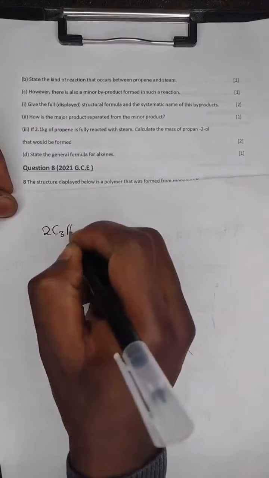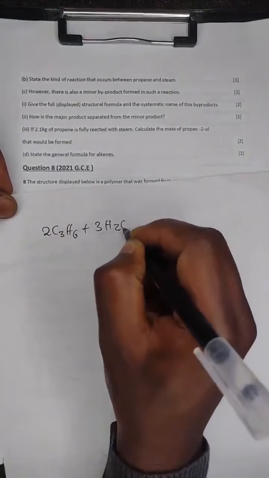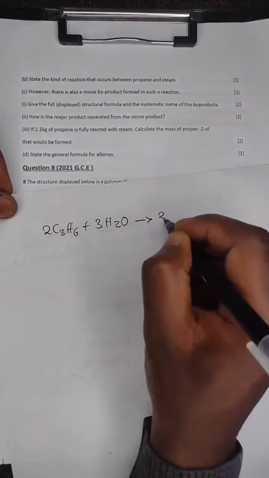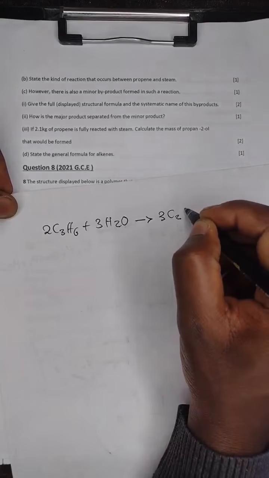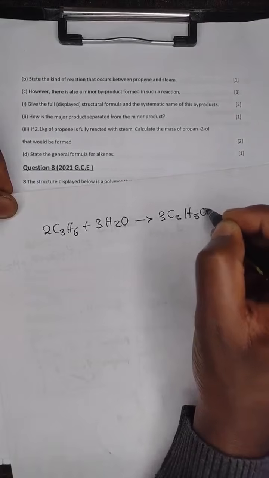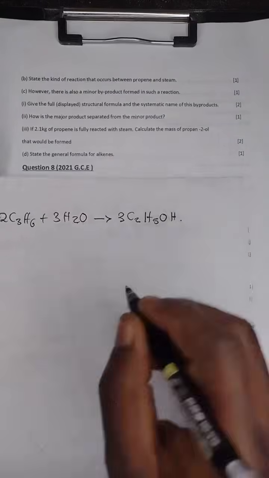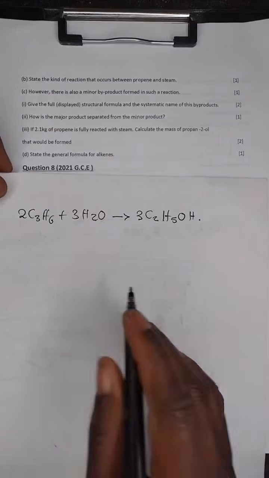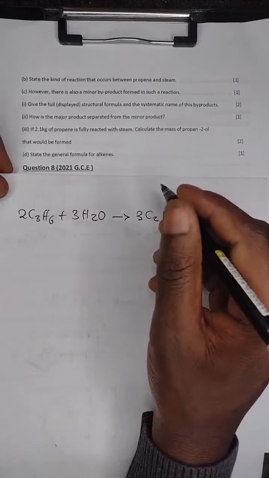So the balanced equation will be C3H6 plus H2O, in this case giving you C3H7OH, okay, producing that alcohol, the major one. So this is the balanced equation for hydration in this case.